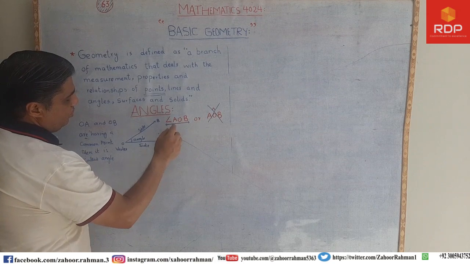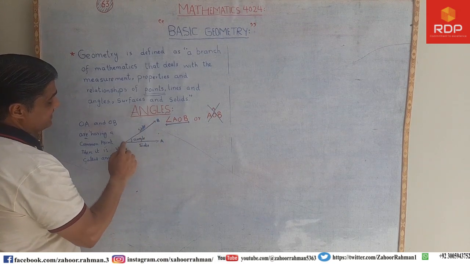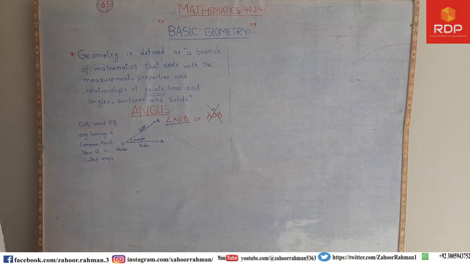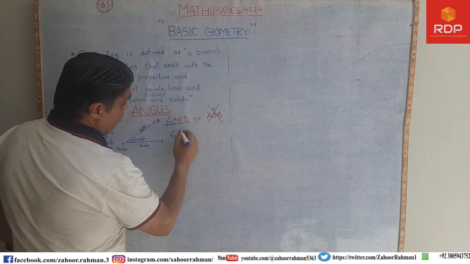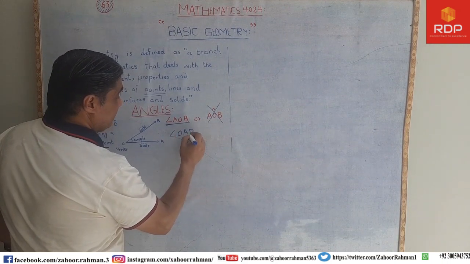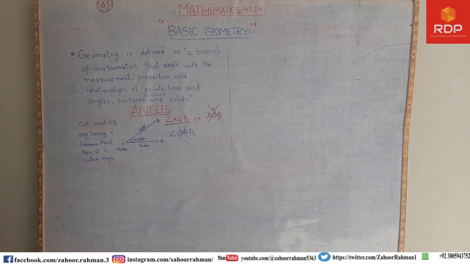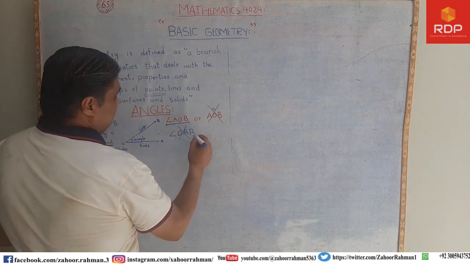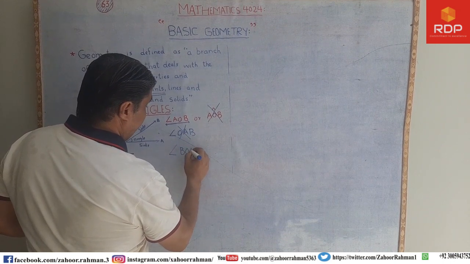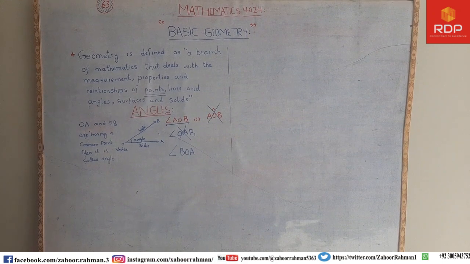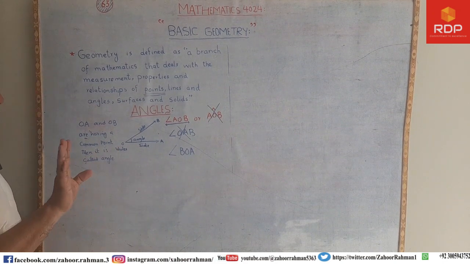Now, OA and OB, you cannot say OAB. If you are writing angle OAB, then this is a wrong one. You can write this angle BOA. Yes, this common point must be in the middle.